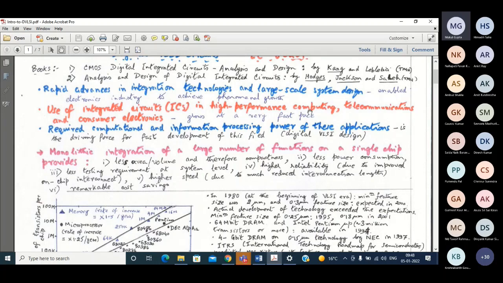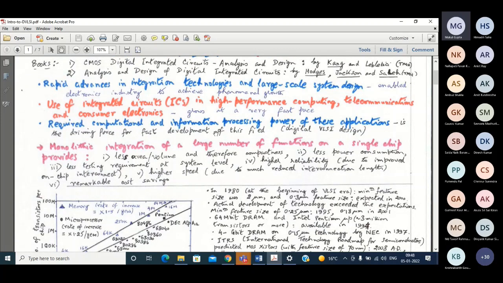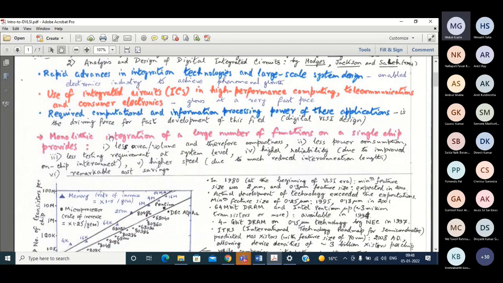the effect of viewing information intensive occurrences is not available at the receiver end. So huge computational power is required, and for that you require high performance digital circuits. Then another thing is the monolithic integration of a large number of functions on a single chip.